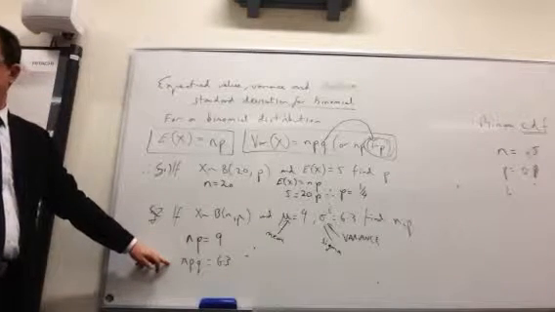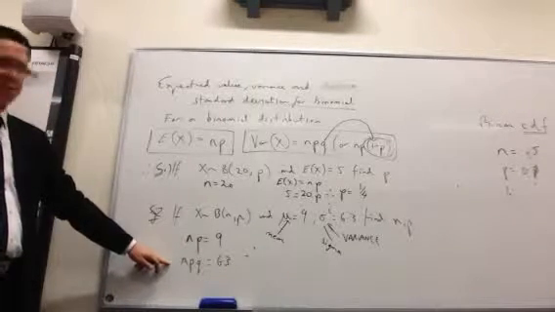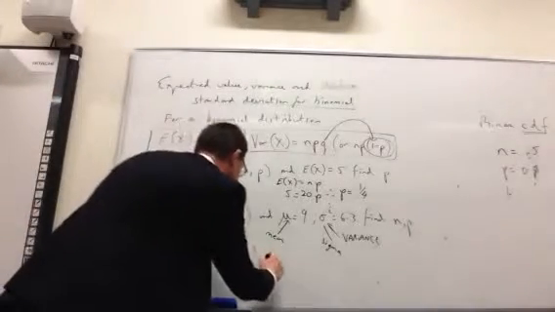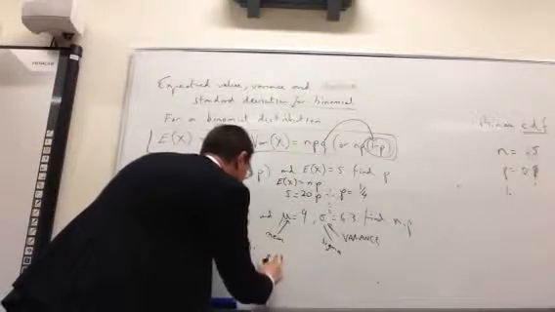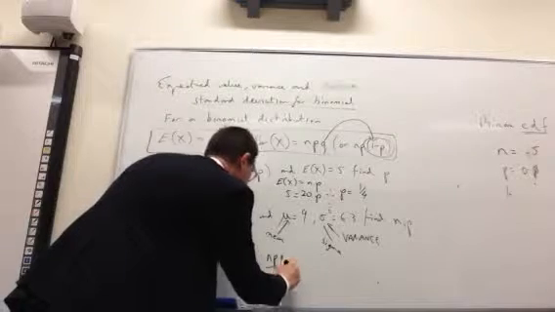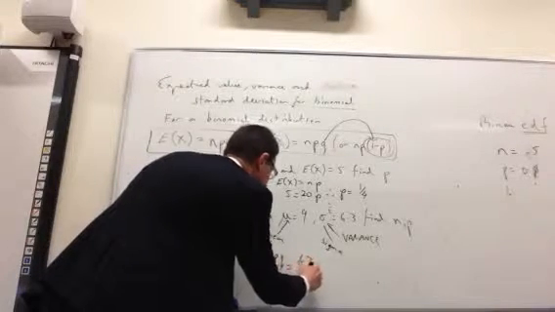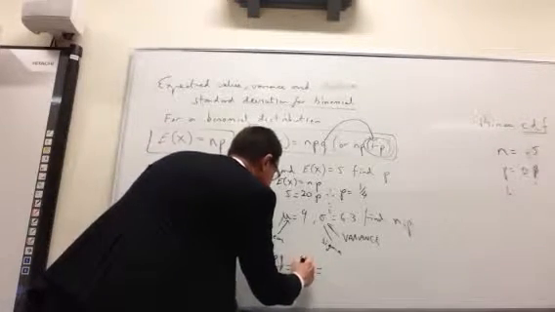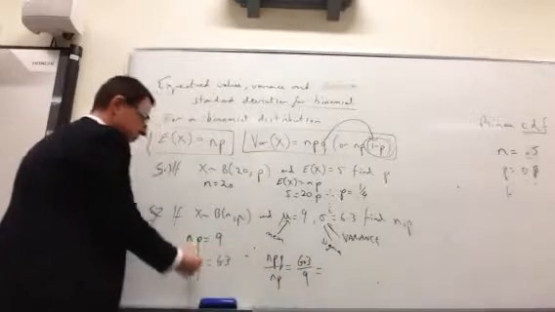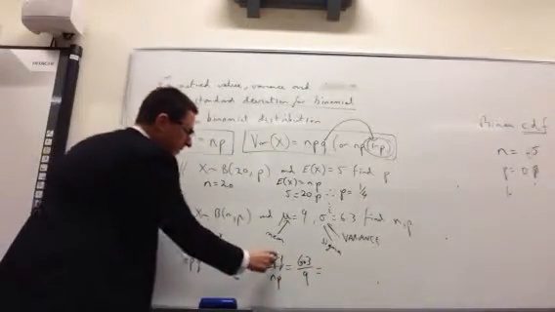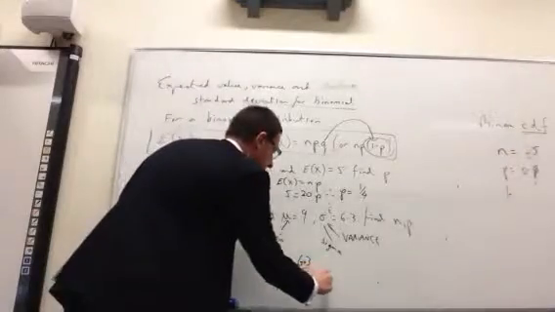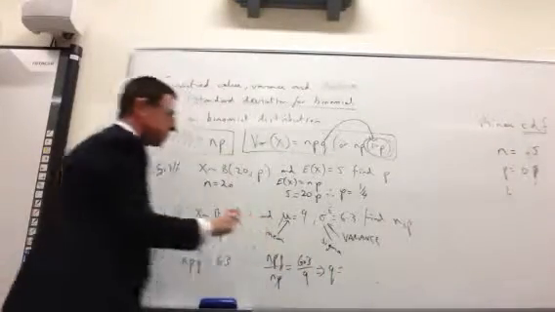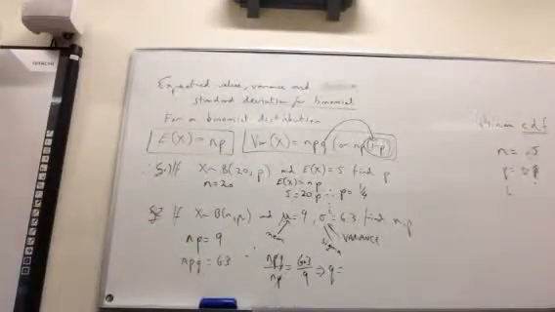There's no plus, there's no minus, it's all times. I would divide. So npq over np is 6.3 over 9. Right? I just wrote the two formulas on top of each other. The np's cancel. Therefore, q equals 6.3 divided by 9.